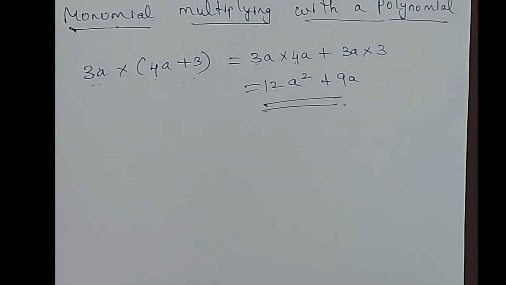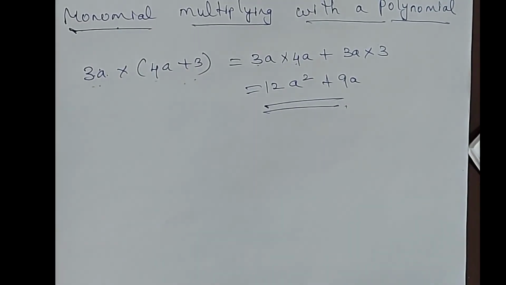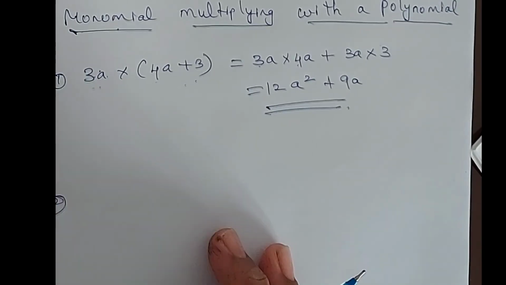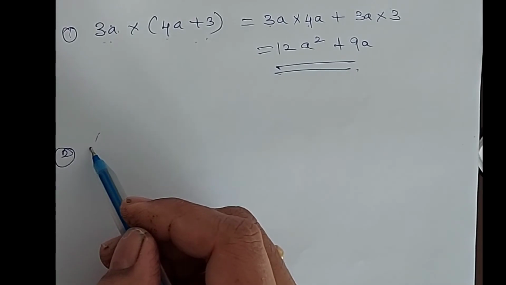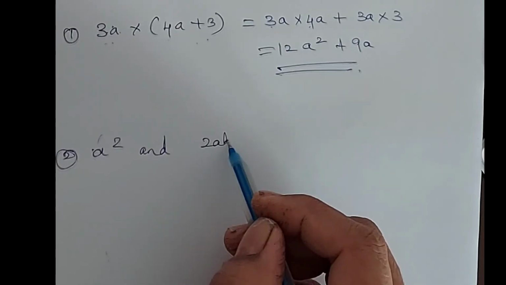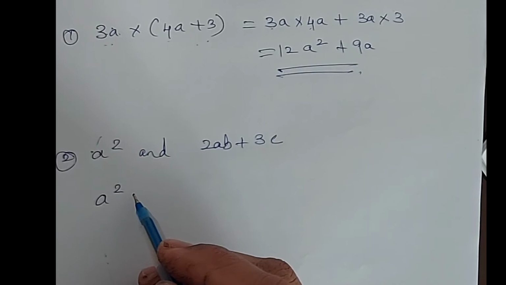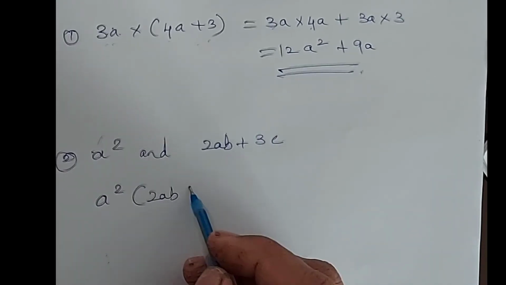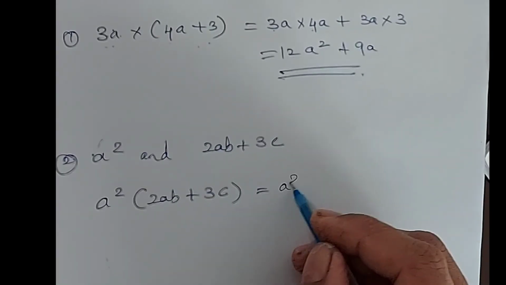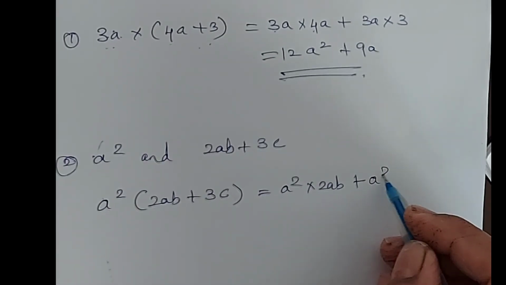we'll see another example. 3x, let us take this as the first one, and the second one, a squared into 2ab plus 3c. So we are going to multiply a squared with 2ab plus 3c. So a squared into 2ab plus a squared into 3c.